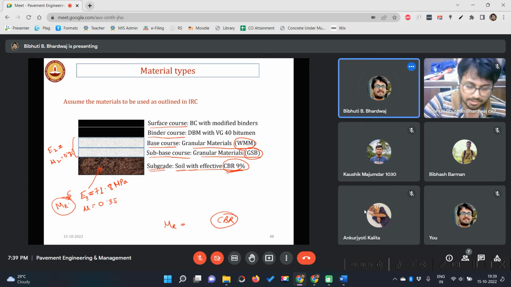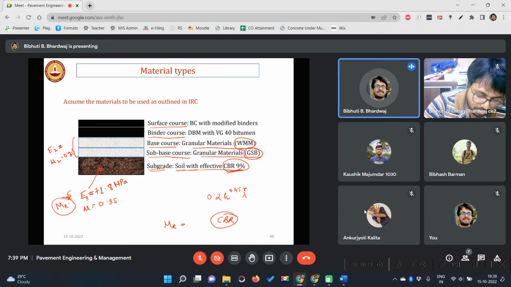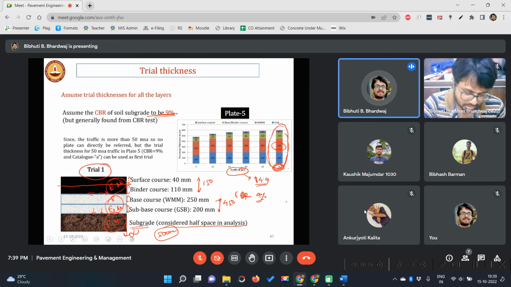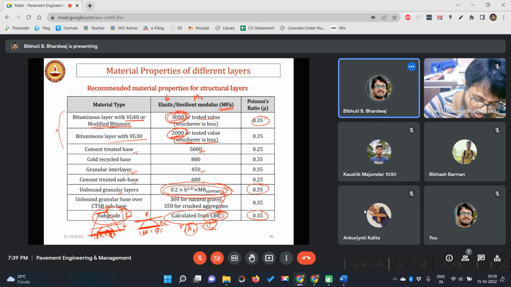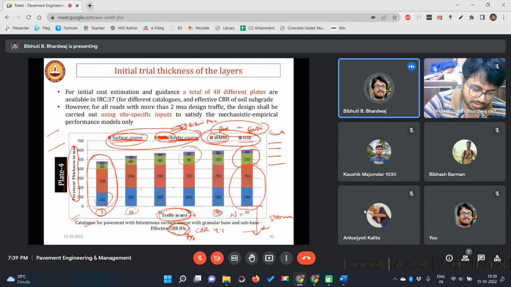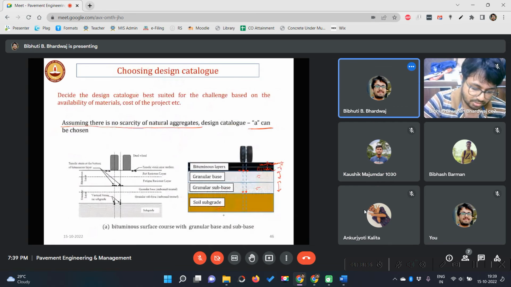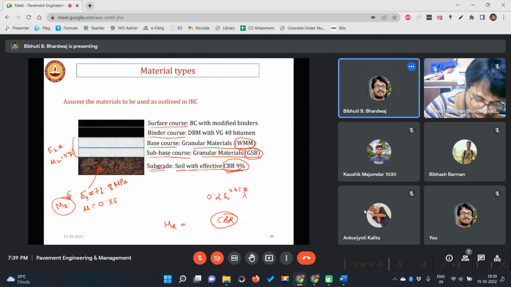So what is the formula? 0.2 h to the power 0.45, into MR support, that means E3, which is the support, the subgrade. It is MR subgrade, same thing.